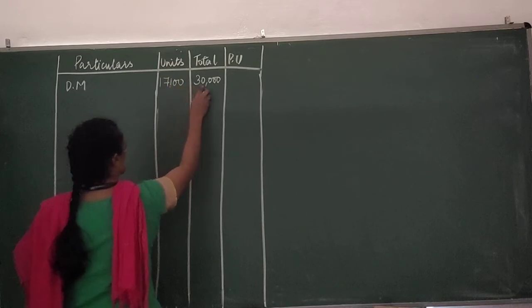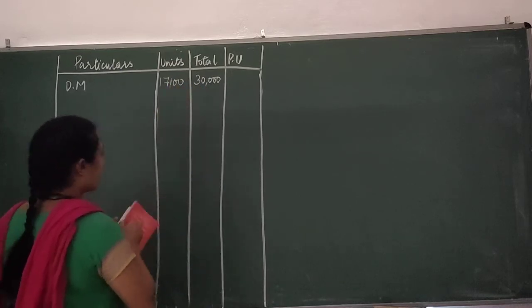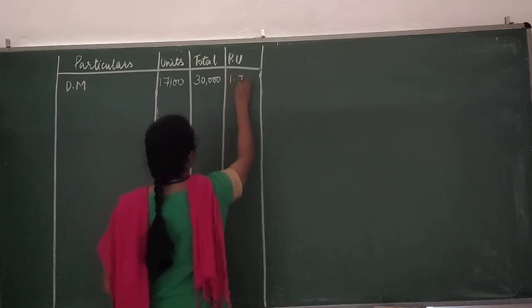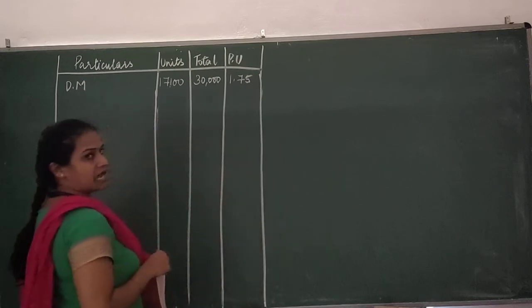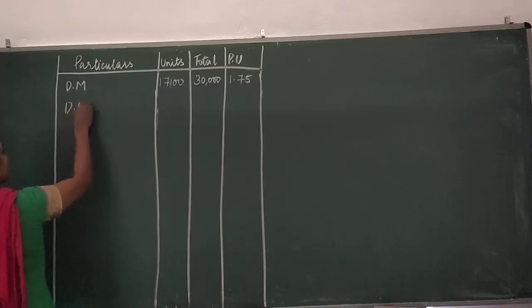What are the units produced? 17,100. So 30,000 divided by 17,100, you will have 1.75. Please, I want you all to calculate it and get the answers. Please do not copy it. The next one is direct wages.